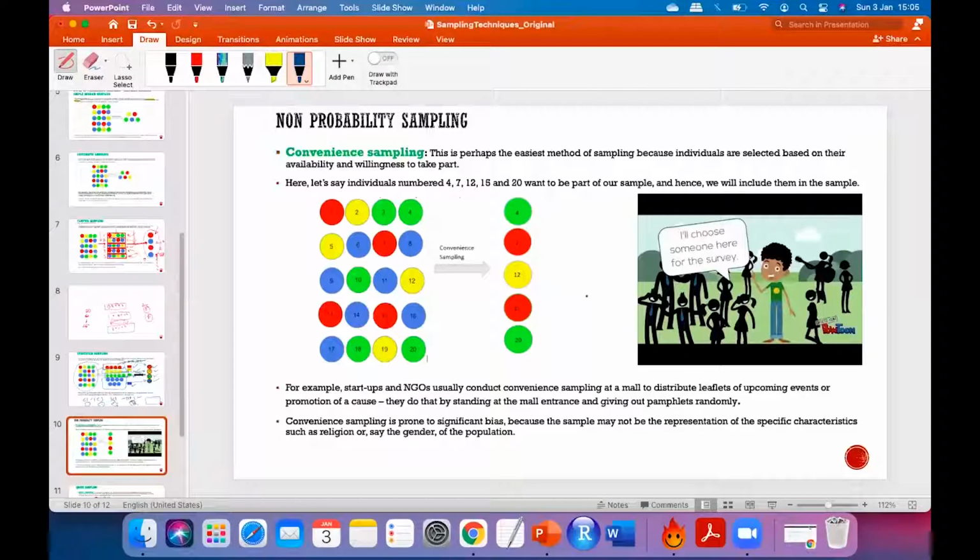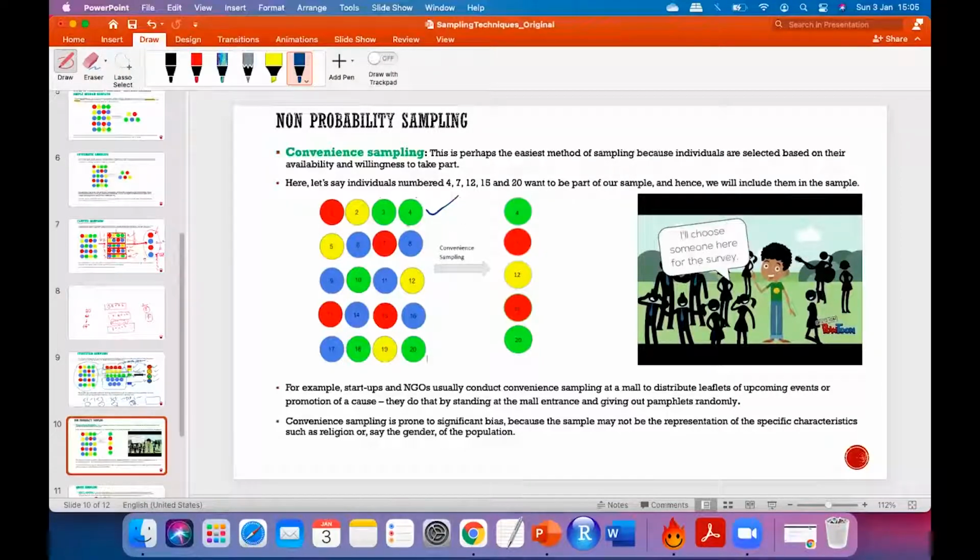Understood? Now, usually small startups or NGOs with very little money to invest in sampling usually use this type of sampling. Why? Because very little money is involved. Let's say out of all these data points, 20 observations, take each observation as a human being.